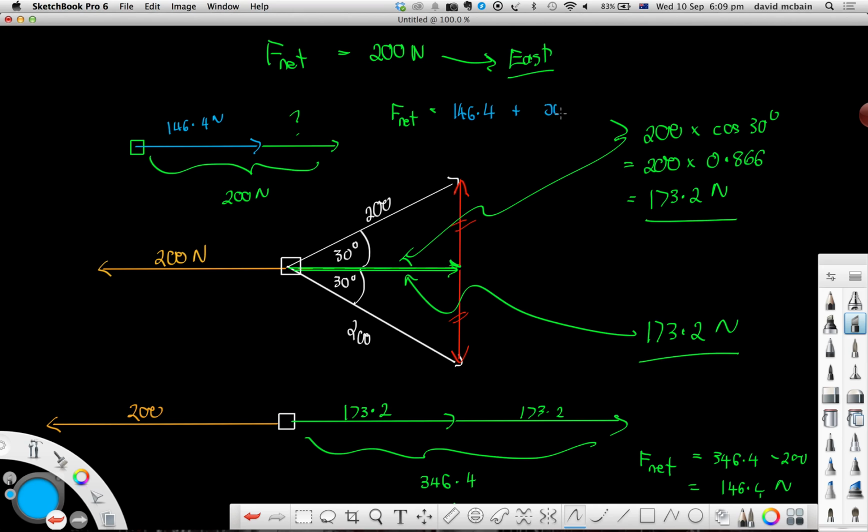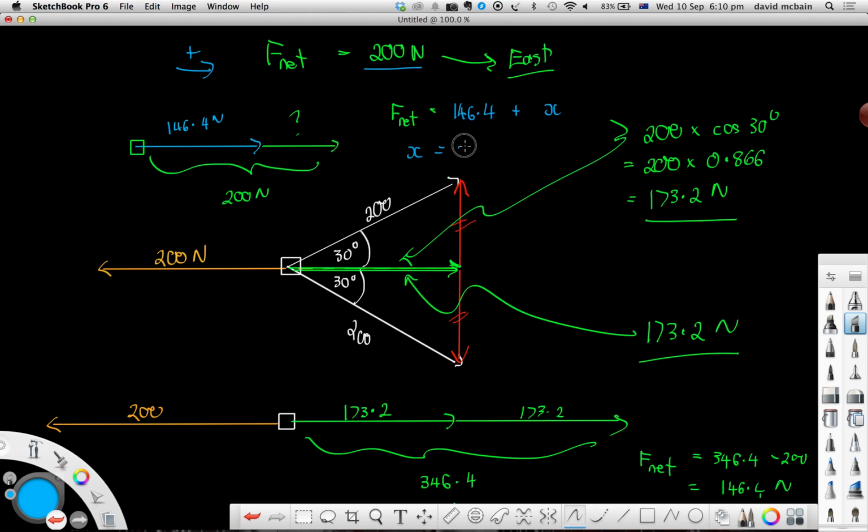So if we say that direction's plus, therefore X will equal the net force minus 146.4, and the net force is 200.